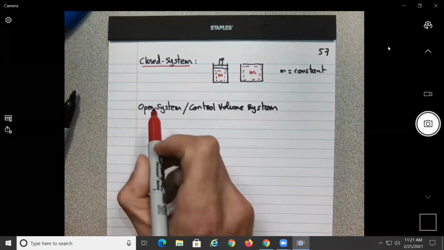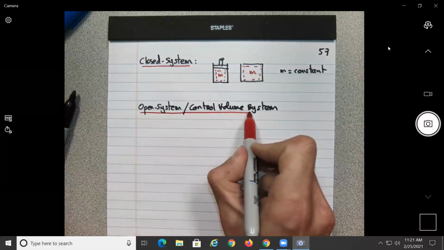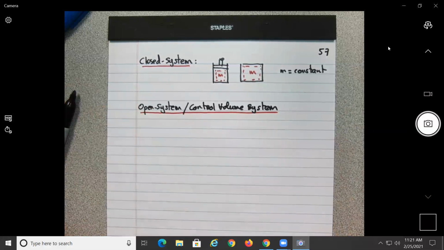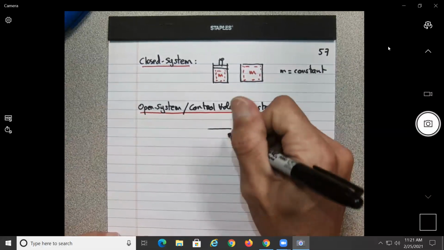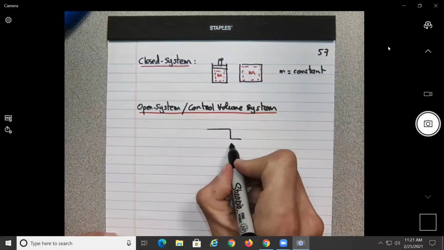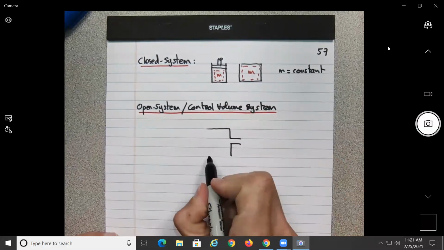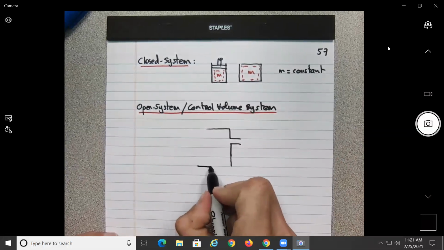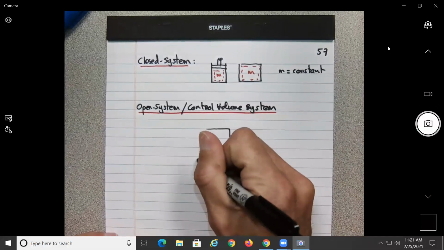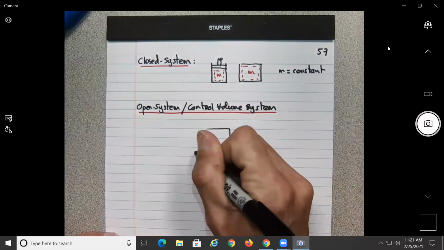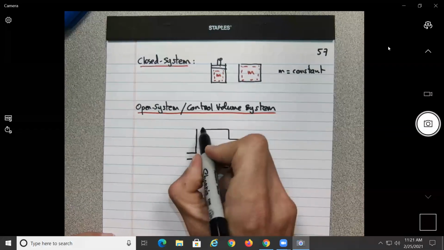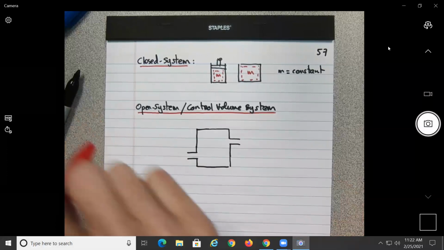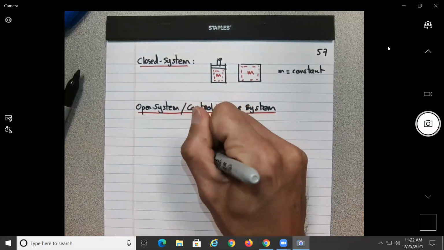I like to call it open system just in opposition to the closed system. So this type of system here will be of the form, so this is your system here.